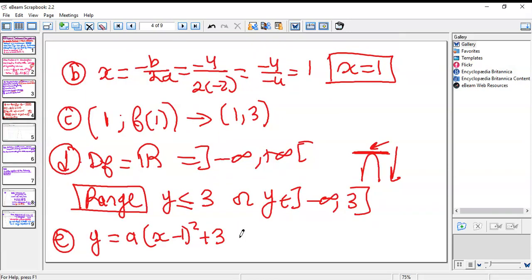I don't have a graph, so I can directly see from the equation that it's minus 2. So it's going to be minus 2 times (x minus 1) squared plus 3. But in the other example, we will see if it's not given, I need to use a point. We'll see it in the next example to find a. So what's going to be the vertex form? It's y equals minus 2(x minus 1) squared plus 3. Let's move, guys, to another example.